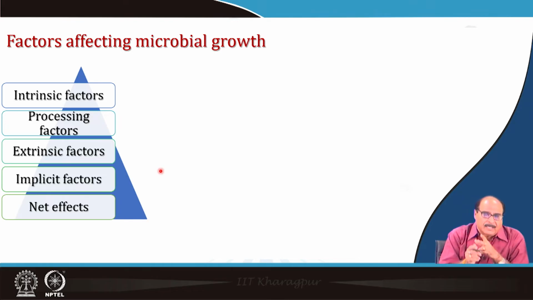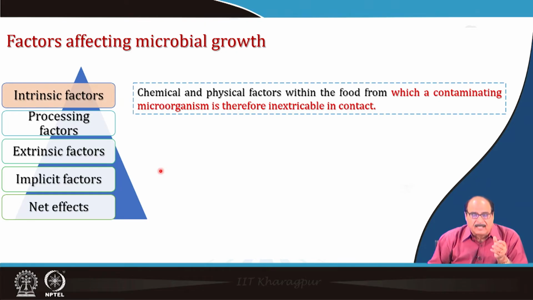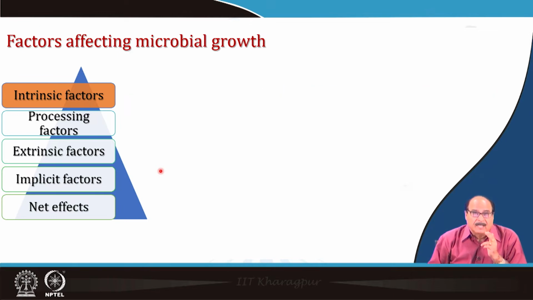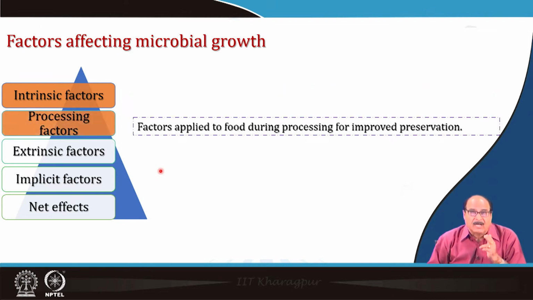Okay. So, the various factors affecting microbial growth may be intrinsic factors, like the chemical and physical factors within the food, with which a contaminating microorganism is inextricably in contact. Processing factors are the factors applied to food during processing for improved preservation. These factors also may influence the growth.